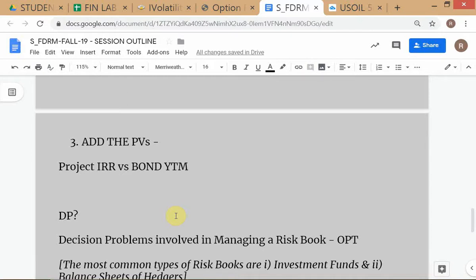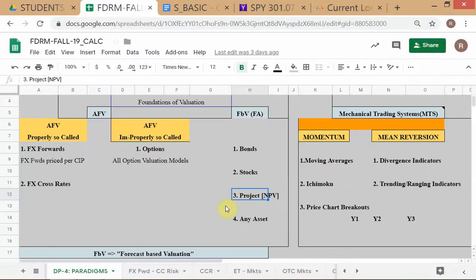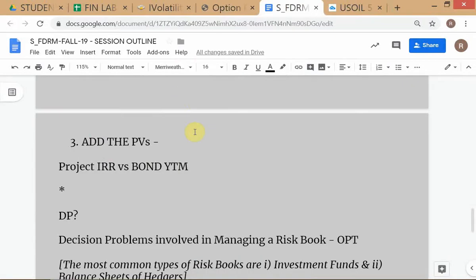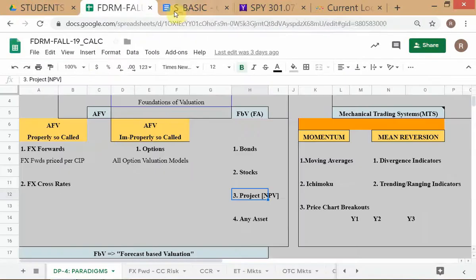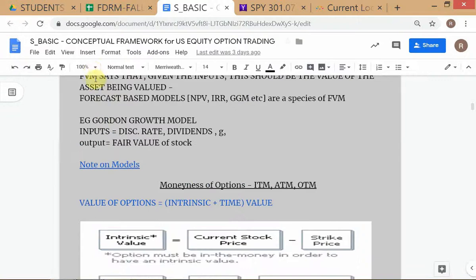Now we'll come back to the options module, because I have to get you ready for the project. So we are exiting our discussion of models by leaving you with one question to think about: what is the mathematical difference between the bond YTM and the project IRR? We'll come back to that, and now we go back to our option discussion.